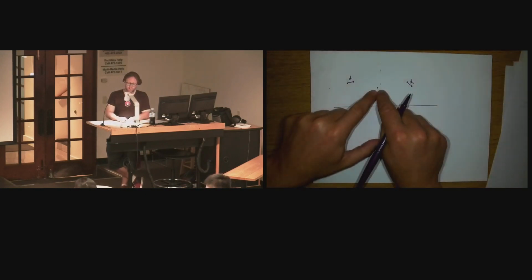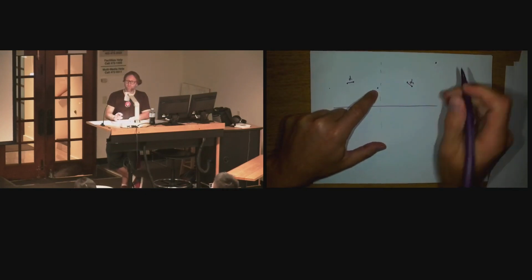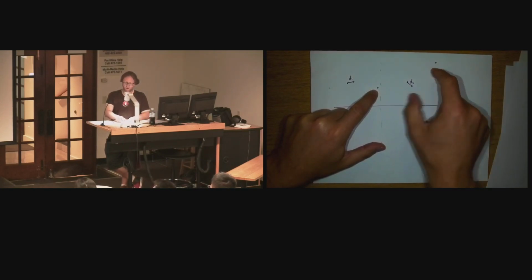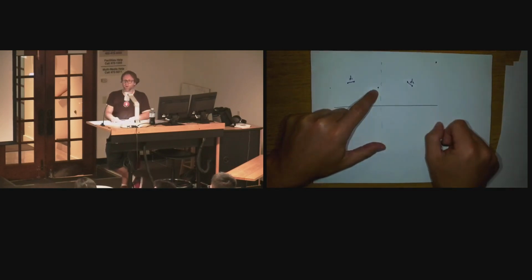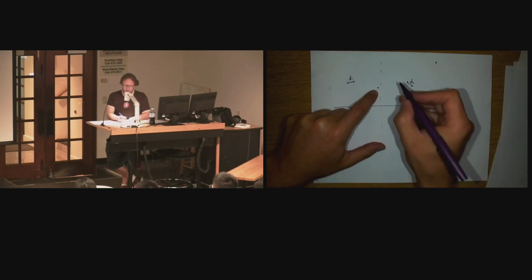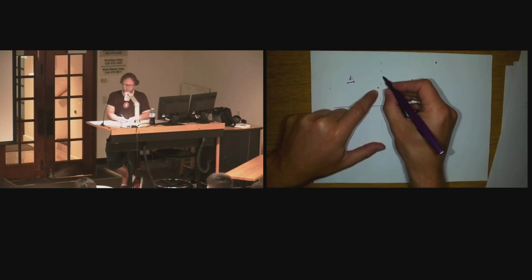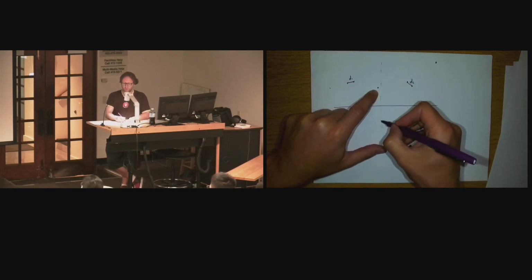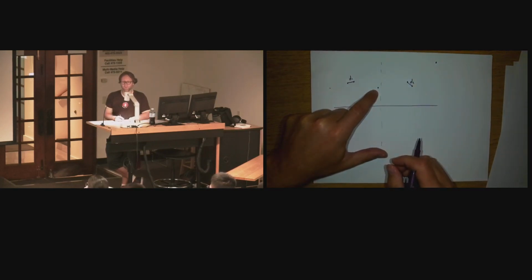Do we need to compare it to a point way over here? No. Why? That's way larger than either D1 or D2. So we don't need to compare it to far away points. We only need to compare it to closer points, points that are closer to this partitioning line over here.